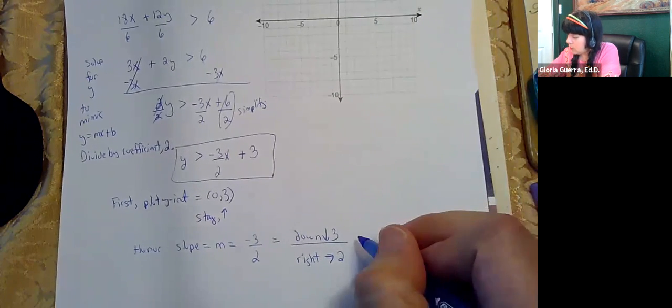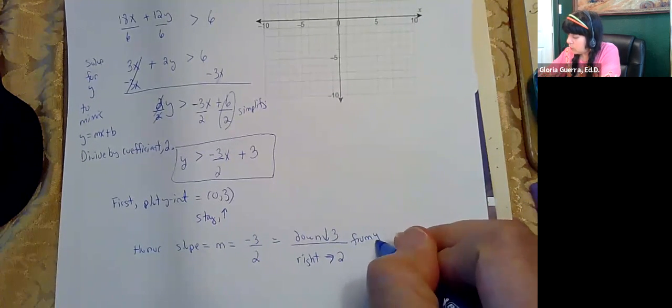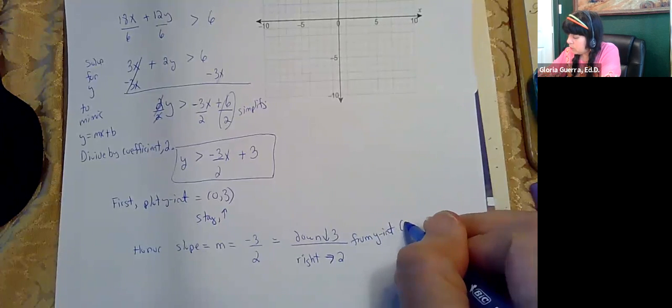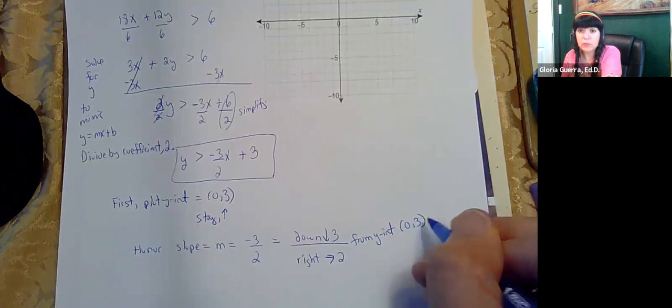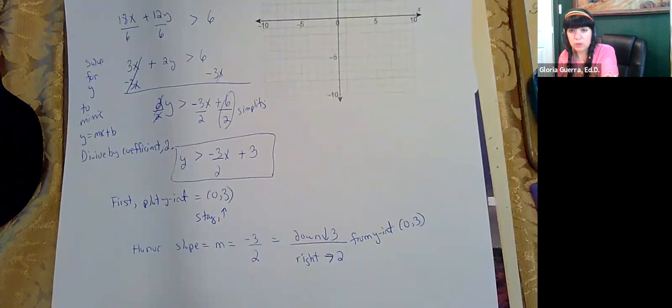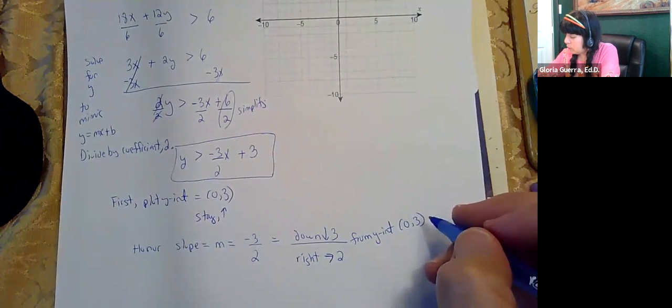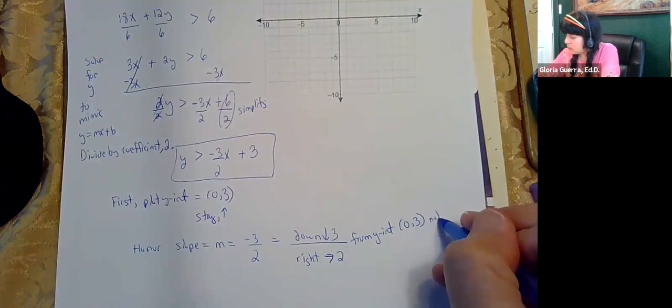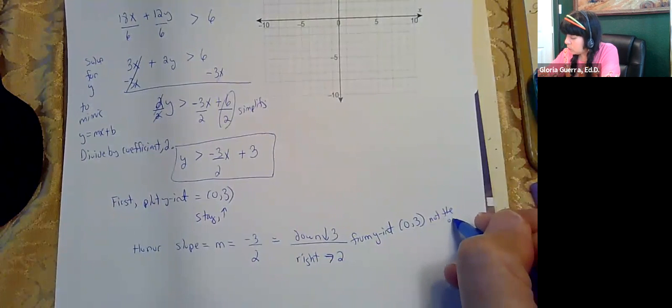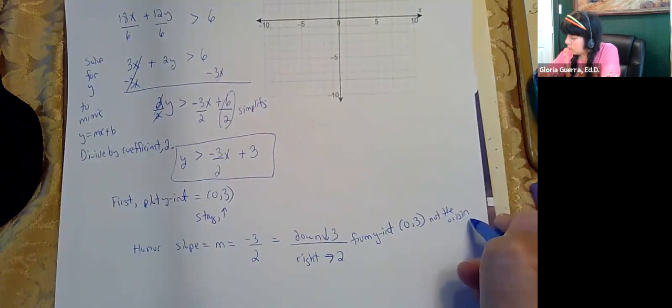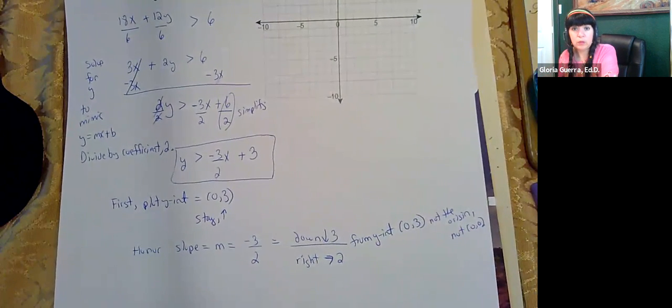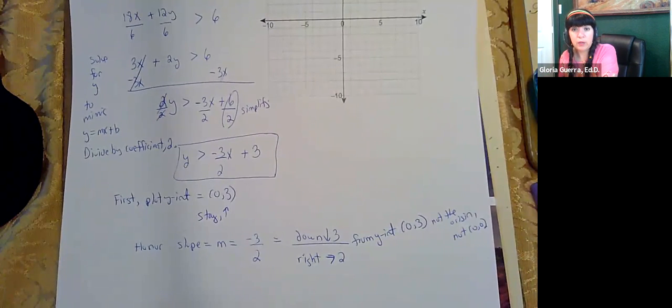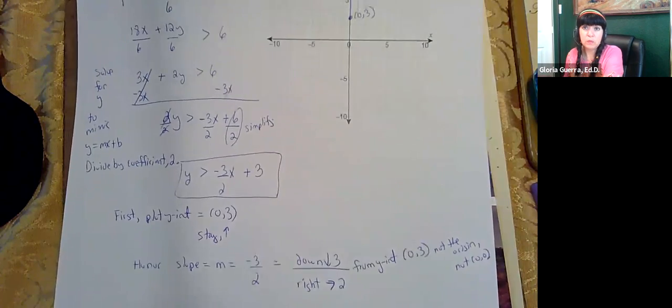And you're going to do that from the y-intercept, from 0, 3. Not from the origin, not from 0, 0, but from 0, 3. Down 3, right 2, down 3, right 2.